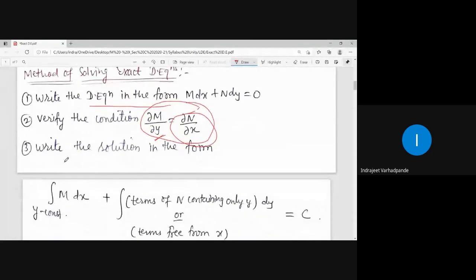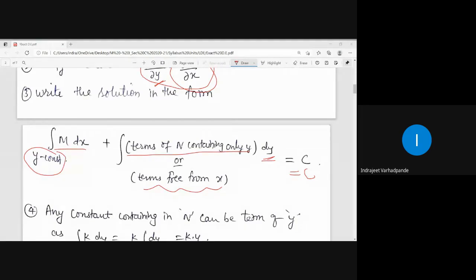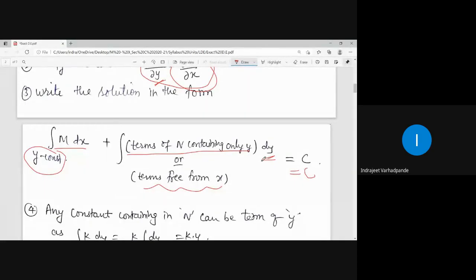So we write the solution as the integration of M dx keeping y constant, plus the terms of N containing only y, or I can say the terms of N which are free from x, integrated with respect to y, is equal to c. As this is indefinite integration, there has to be a constant of integration, written as c, on the RHS.